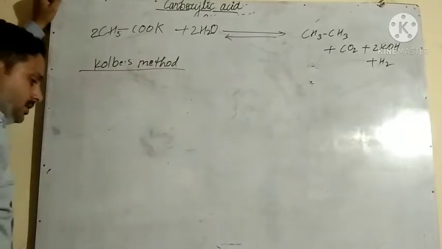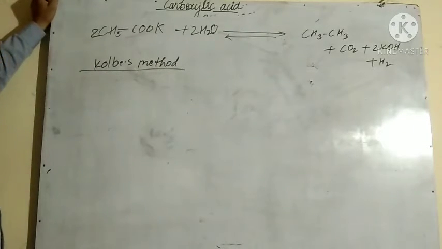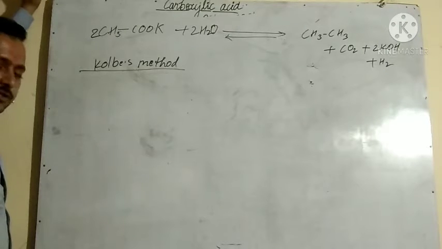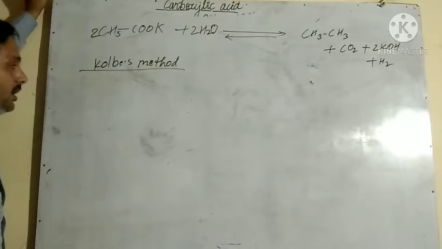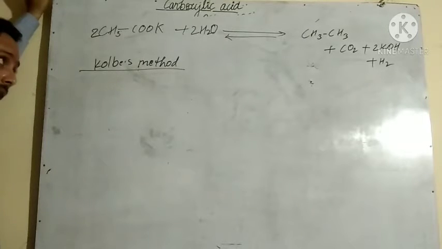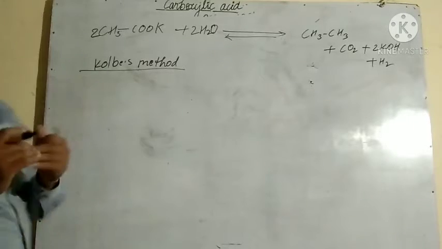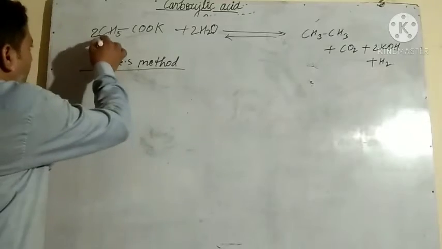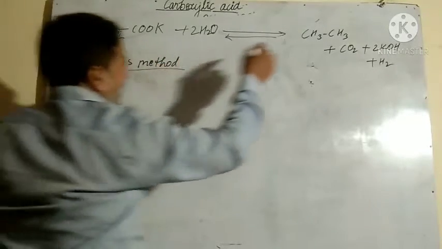Okay students, in the Kolbe method what we have seen is that when the sodium or potassium salt of a carboxylic acid is electrolyzed, it gives an alkane with double the number of carbons. Here one methyl group is there, and then ethane.